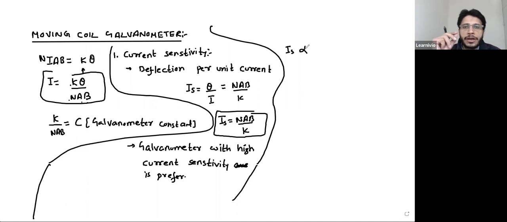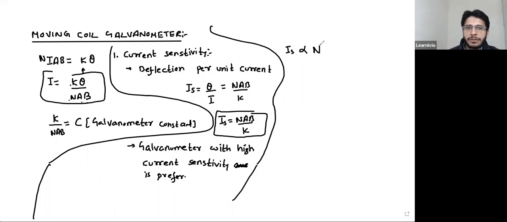But there is one limit, because if you keep increasing the number of turns, the size of the galvanometer will increase. The size of the galvanometer basically depends upon the number of turns and the area of the coil, and practically you can't have a very large galvanometer in your lab.